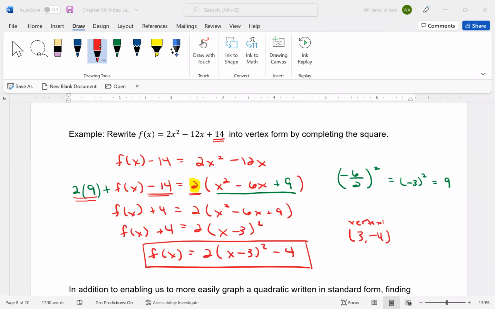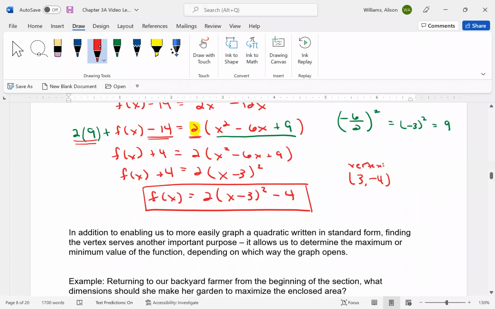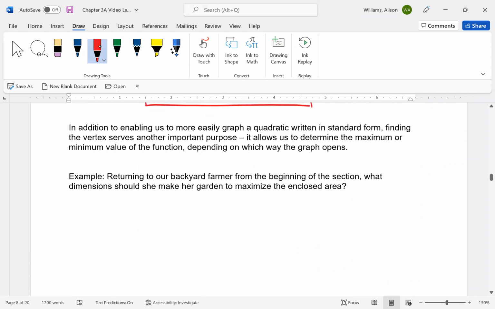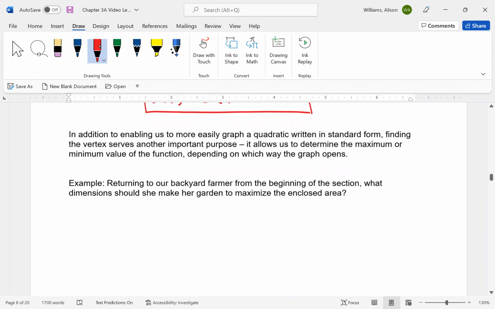Okay, so let's move on then. What we just discussed here is actually going to allow us to talk about our first example when we talked about the backyard farmer creating a garden. All right, so let's come back to this example. This is going to help us find a maximum or minimum value for the quadratic.